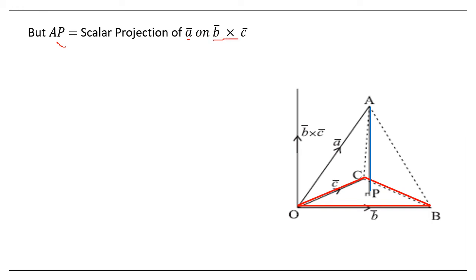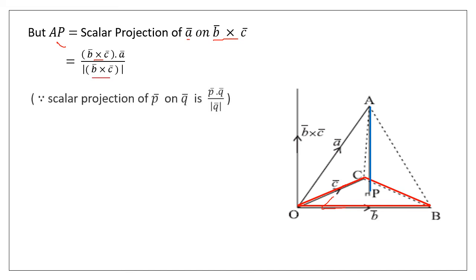See, student, this is the B bar cross C bar. So by using scalar projection, we have B bar cross C bar dot A bar upon mod of B bar cross C bar. As we know, the scalar projection of P bar on Q bar is P bar dot Q bar upon mod of Q bar.